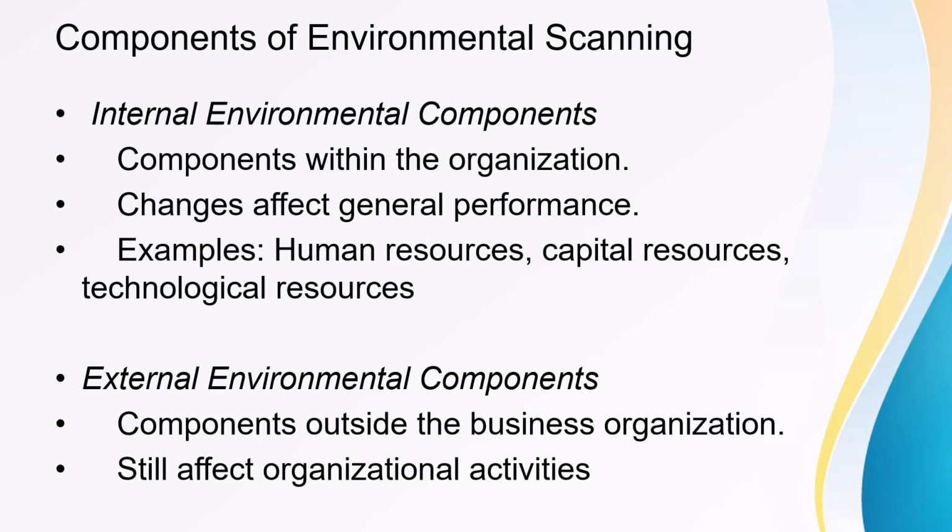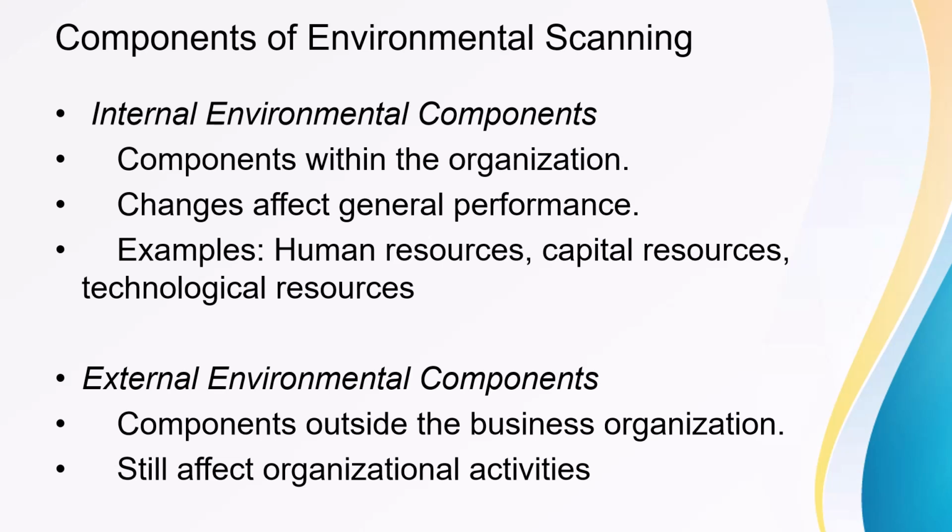In environmental scanning, there's an internal environment component, and then we have an external environment component. These are the factors that influence the organization's operations and overall performance. In internal components, we have human resources, capital resources, and technological resources. In human resources, we scan the skills, talents and motivations of the employees.